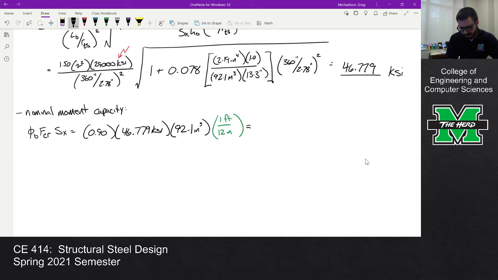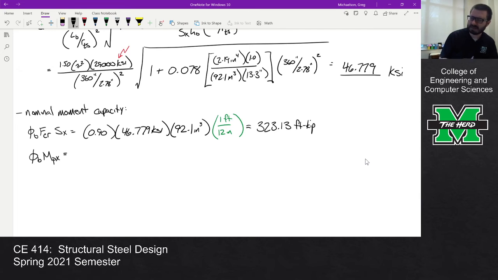It would help if I did that properly in my calculator. And so that should be 323.13 foot-kips.